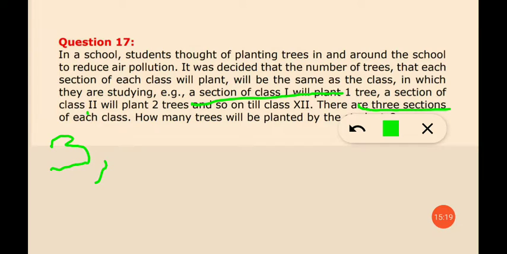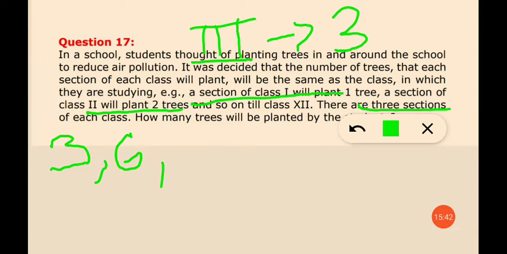Similarly, class 2 will plant 2 trees per section, and it has 3 sections. So how many plants will class 2 plant? 3 into 2, 6 trees. Similarly, for class 3, one section will plant 3 trees, so 3 sections will plant 3 into 3, 9 trees. Like this, it will go till class 12.